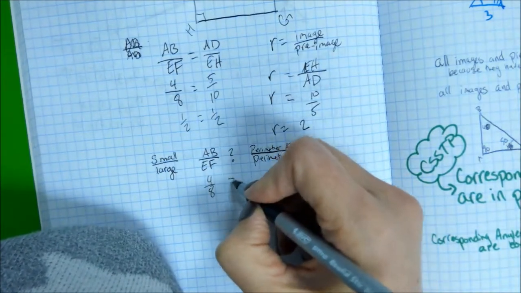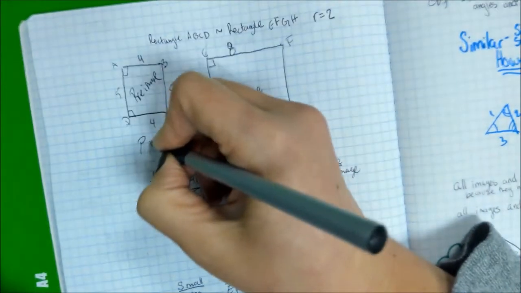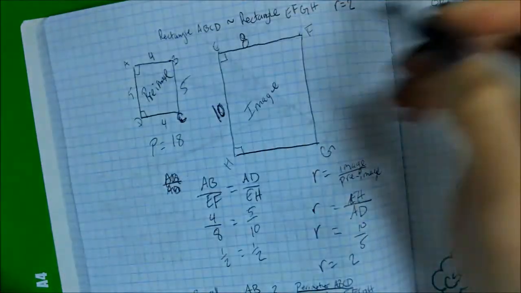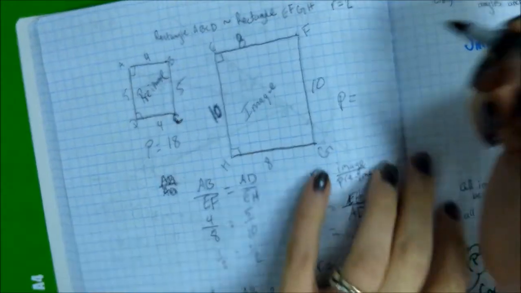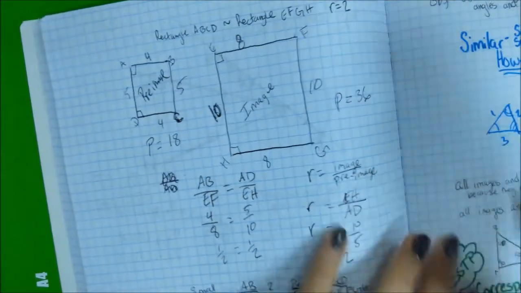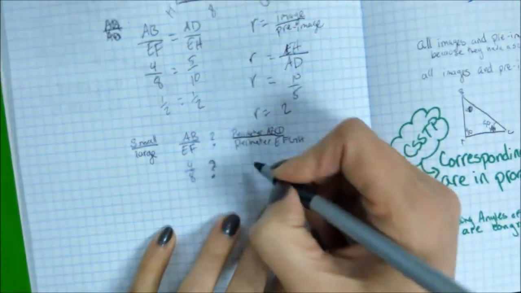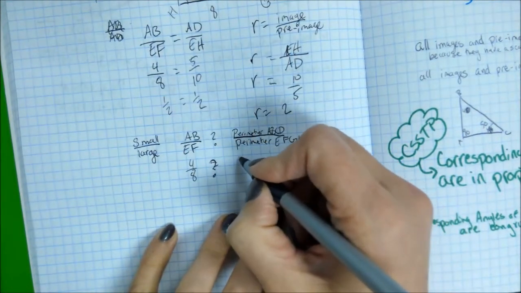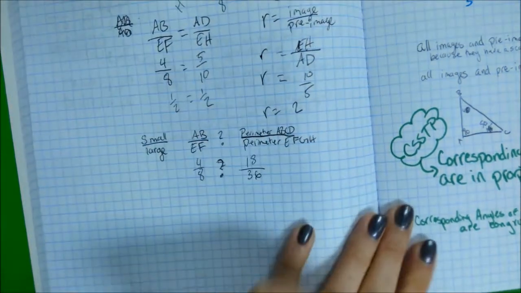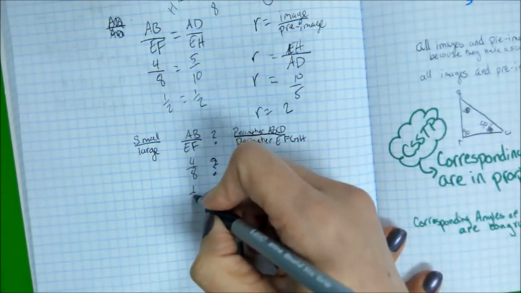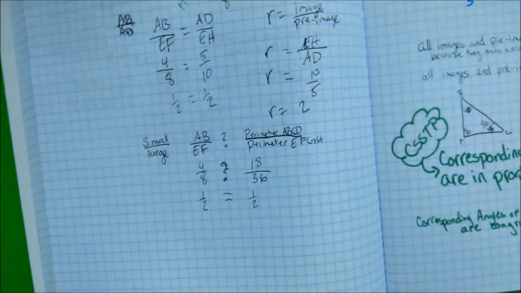And I need to find the perimeter of this guy. So this opposite side would be 5, this would be 4, the perimeter would be 8, 10, 18. Here, my opposite sides are 10, 8, perimeter would be 36. So how do those two numbers compare? Well, the perimeter of ABCD is 18, and the perimeter of EFGH is 36. An interesting thing happens. This reduces to 1/2, and this reduces to 1/2. So they are equal. They are actually in proportion.